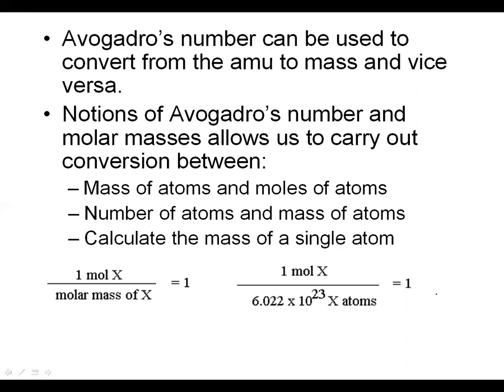If you don't see anything that involves atoms or molecules, do not use Avogadro's number. Reminder as well, when we do see MOL, that is moles. That is not molecules. That is a very common confusion that people have when they see that MOL in a problem. They automatically, for some reason, think molecules.